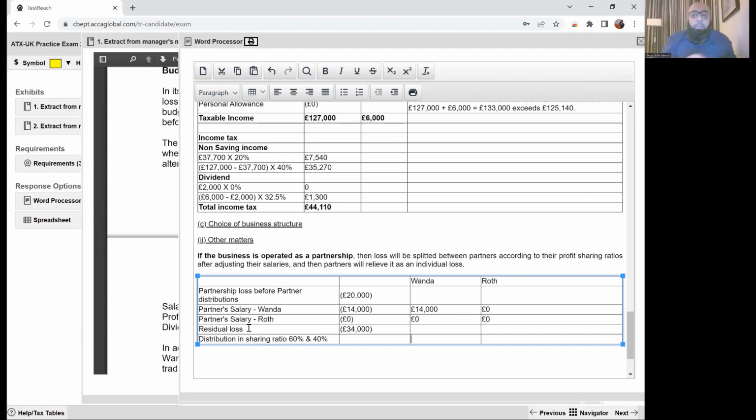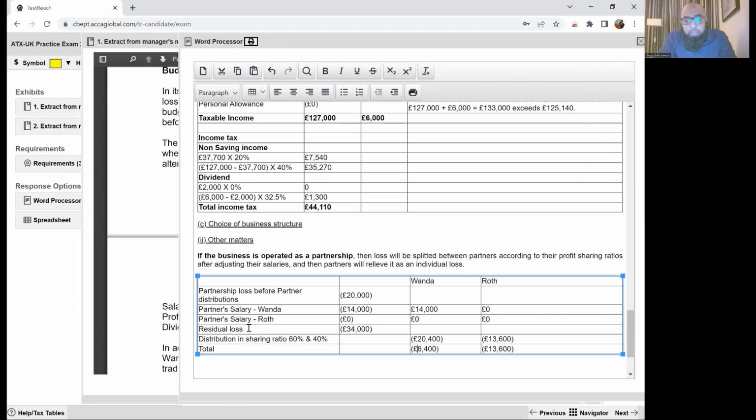So 34,000 into 60% is 20,400, which will go in Vanda's column, and 34,000 into 40%, which is Rod's share, 13,600, will go here. So the total will be negative 6,400 for Vanda, and negative 13,600 for Rod.